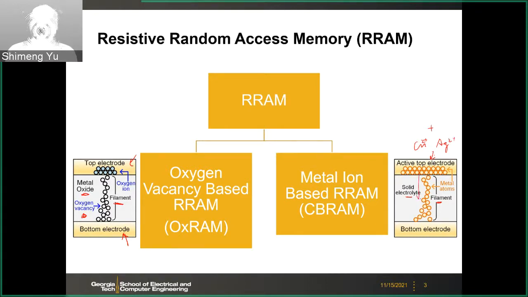So they can diffuse into the insulation layer and form this metallic filament to conduct the current. So there are 2 subcategories in the RRAM devices. And today we are going to focus more on the OXRAM, because this is more widely used in industry today.